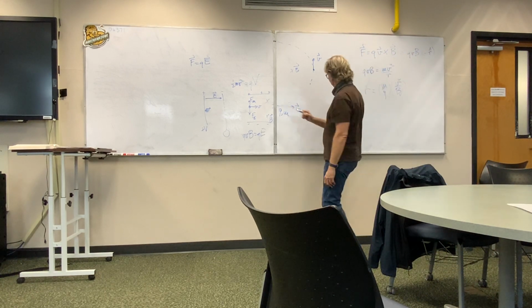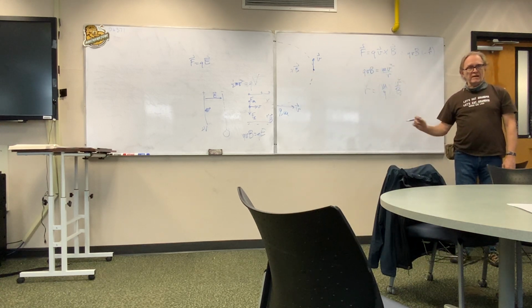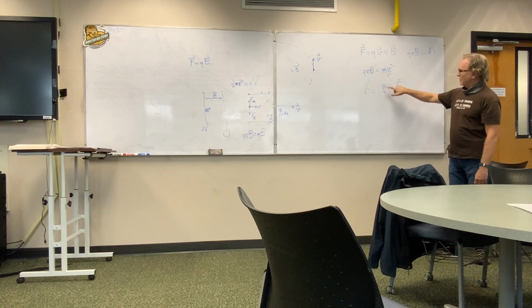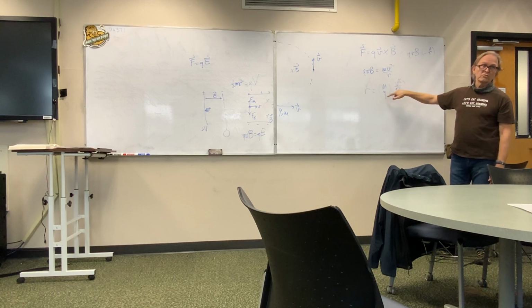But now I know V, I know M over Q, and it turns out I can't get past that. I have to worry about the fact that I'm really sensitive to M over Q. I'm really finding the mass per unit charge.